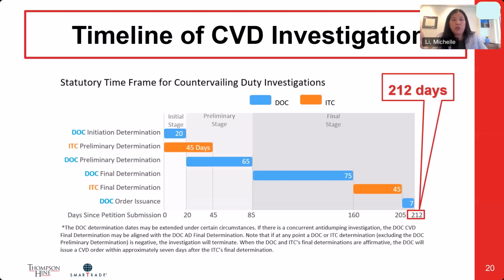You don't need to wait until the end to see the chilling effect, because under the AD and CVD trade remedy laws, once Commerce issues an affirmative preliminary determination, whatever that margin is in the preliminary subsidy or dumping margins, those will be the cash deposit rates that all the importers have to pay upon the publication of the Commerce preliminary determination. So even though you don't come in all the way to the end, you will start to feel the chilling effect of the AD and CVD laws.